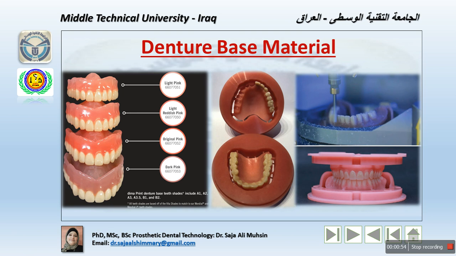So generally, the denture-based material is that material used to contact the oral tissues and support the artificial teeth. And as I mentioned, the classification of denture base is based on many theories regarding the type of the material, the technique used, the activation mode.